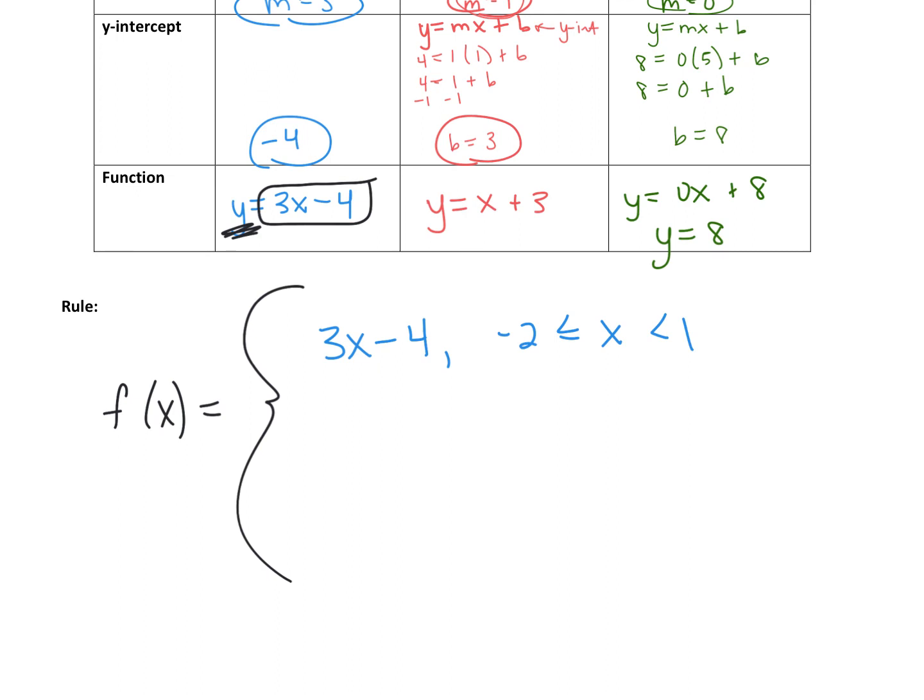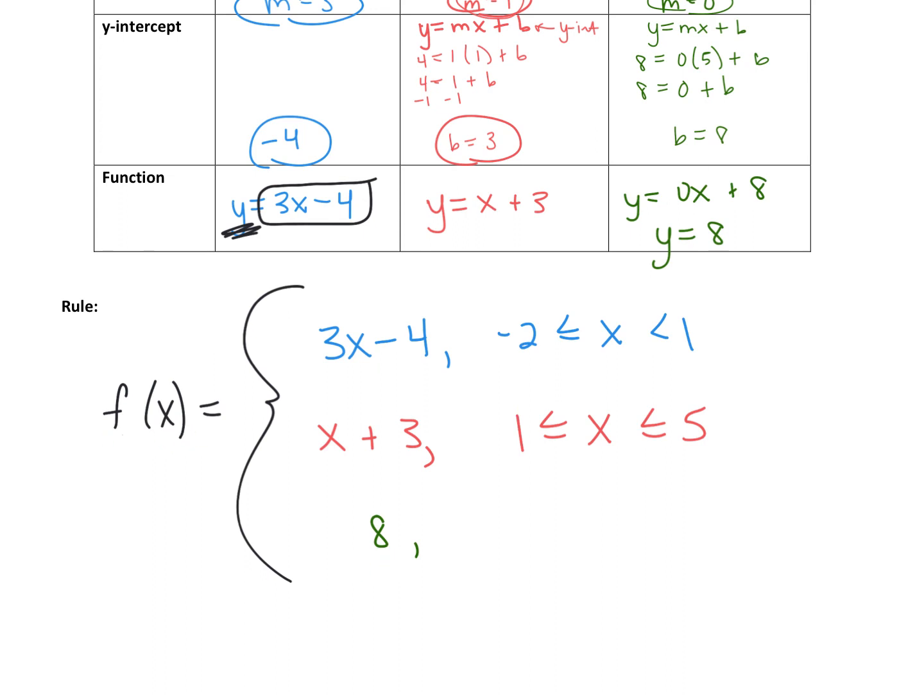All right, segment B, the function was x plus 3. And the domain for that is 1 is less than or equal to x is less than or equal to 5. And then we have segment C. Our function was y equals 8, so we have our 8, because remember, this is our y equals 8.